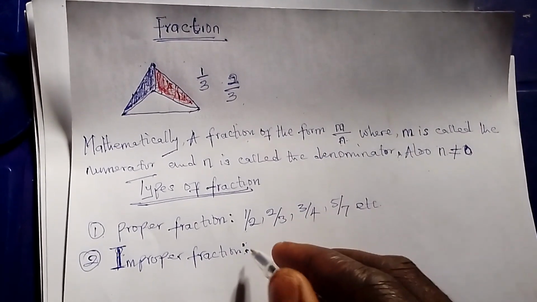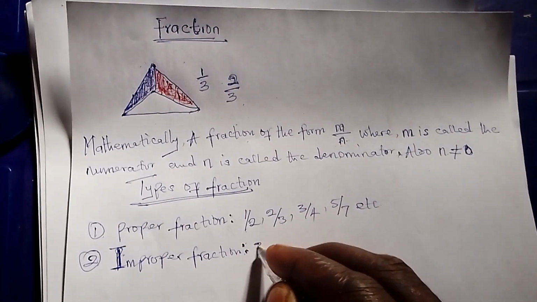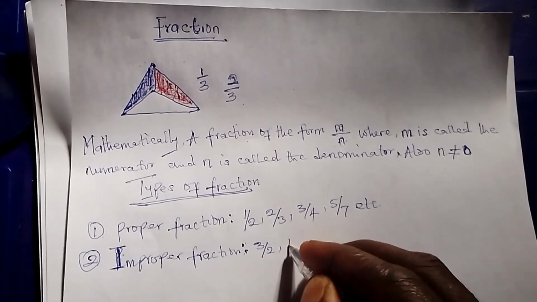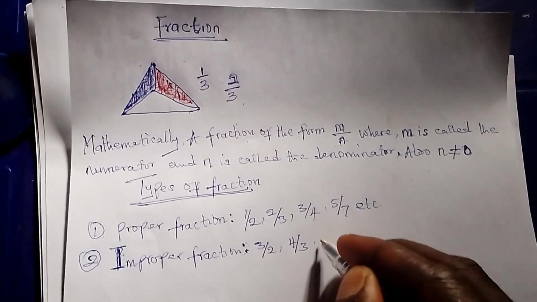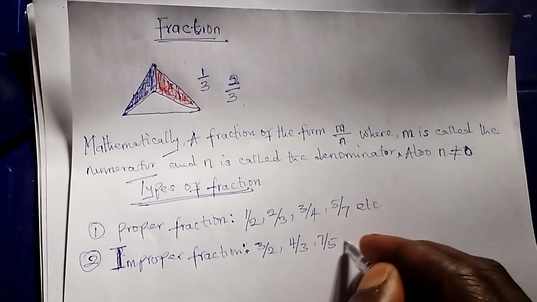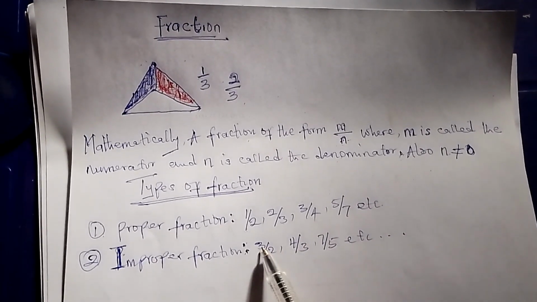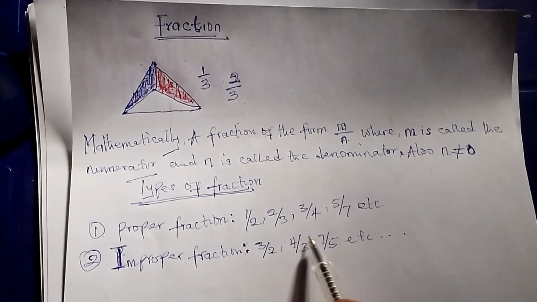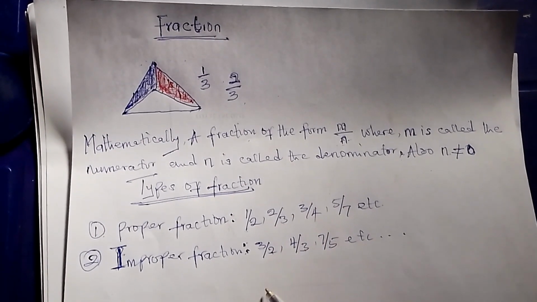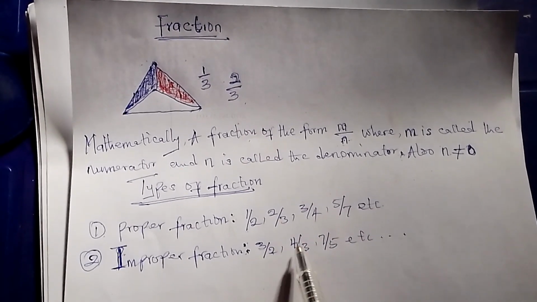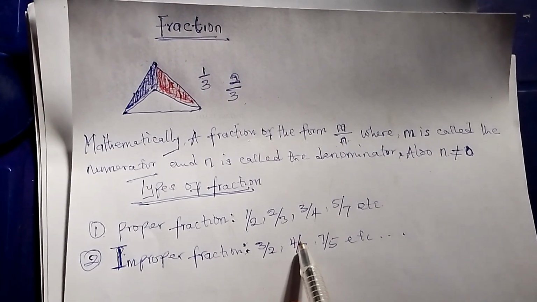Example of it is 3 all over 2, 4 all over 3, 7 all over 5, etc. So looking at this one now, we find that 3 is greater than 2, 4 is greater than 3, 7 is greater than 5. So a fraction of this form is called improper fraction.